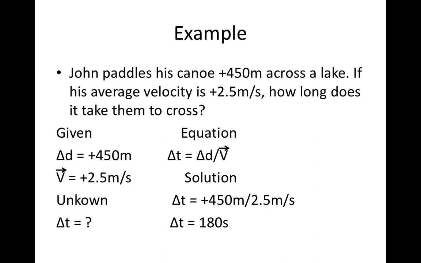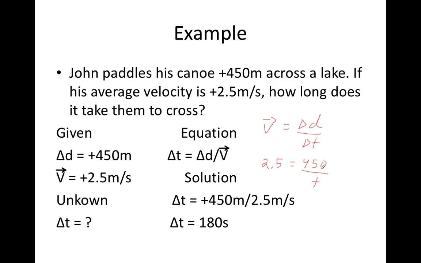Now another way to do this is to plug in the numbers first. If you're more familiar with that from math class, you might be more used to doing it this way. So the equation is v equals delta d over delta t. If we plug in our values, we get 2.5 equals 450 divided by time.